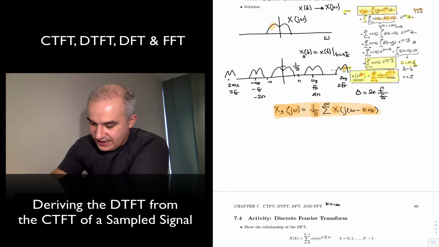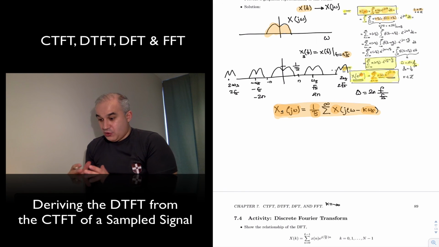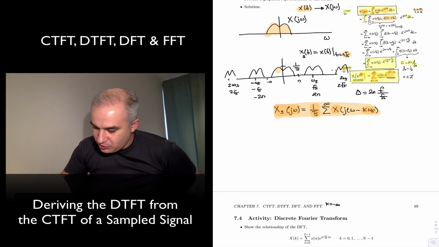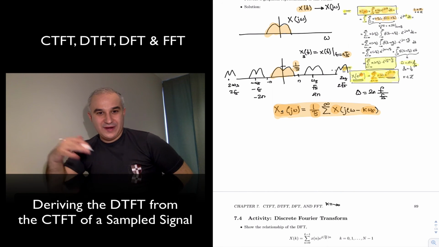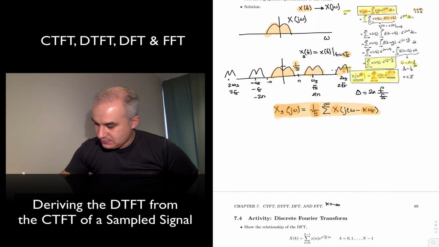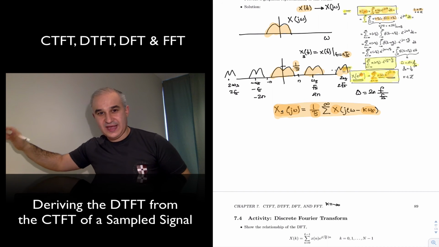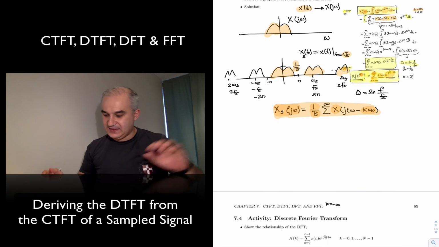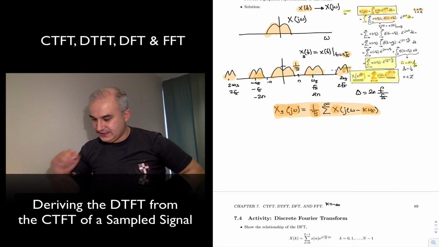So the spectrum that you had of your continuous signal, if you took samples, the spectrum you now computed with the discrete-time Fourier transform is going to be identical in form, multiplied times a scaling factor that is 1 over Ts, and then you're going to have spectral replicas at omega s, 2 omega s, 3 omega s, 4 omega s, all the way to infinity, minus omega s, minus 2 omega s, all the way to infinity.